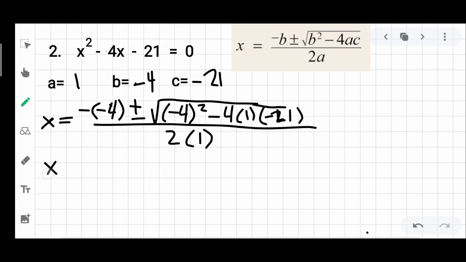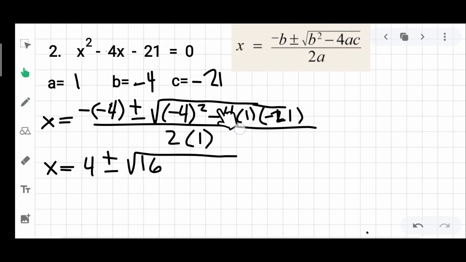So, simplify. We have x equals, so, anong rule sa multiplication? The same sign, positive yun. So, negative times negative 4, that is positive 4. Magiging positive na siya. Plus or minus square root of negative 4 times negative 4. The answer is positive 16.